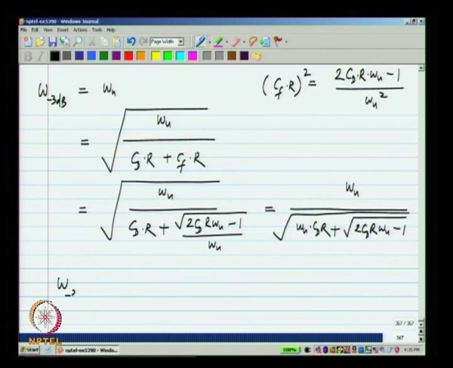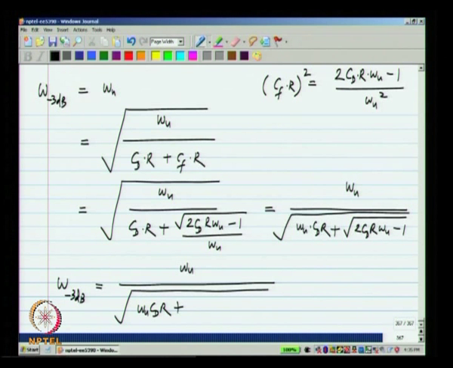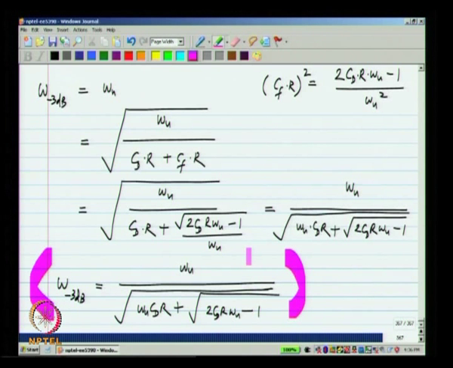The expression looks complicated. But the point I want to make here is that the 3 dB bandwidth depends on omega u.